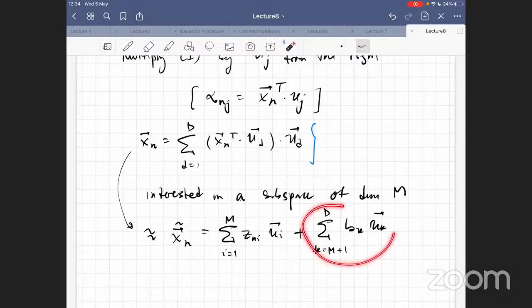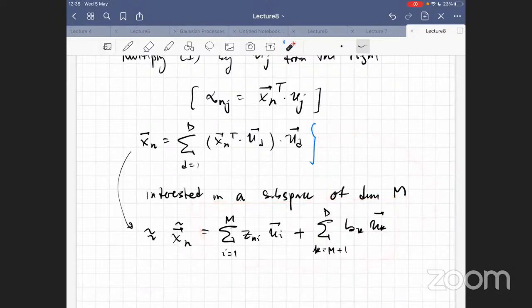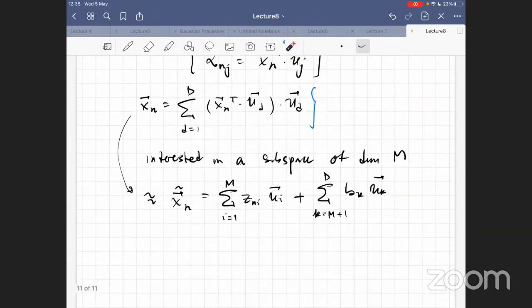Because this second part doesn't depend on the particular point n in your data set, this is an approximation to the previous expression. Of course, I can do a splitting as well, but in that splitting the second term for the rest of the dimensions would also depend on n. Here this is not the case, so that's why this is an approximation.